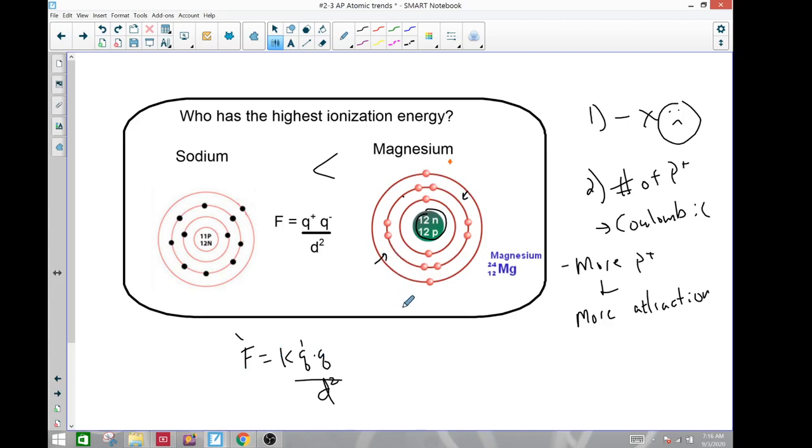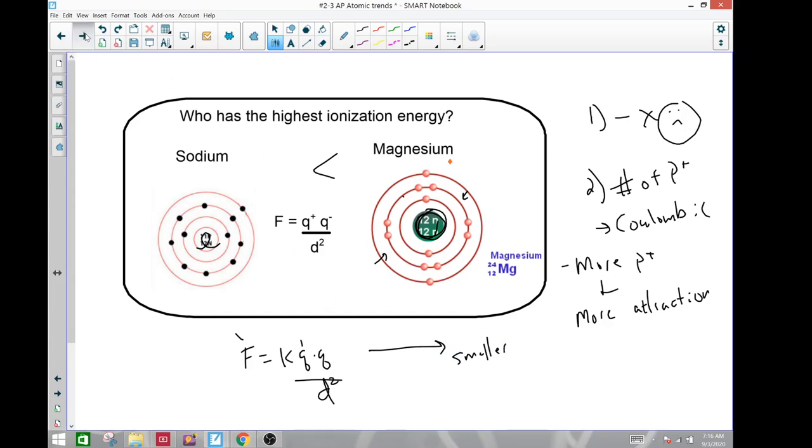Why is it ever so slightly smaller? Because we got a larger nuclear attraction pulling on it than this one does. So the distance is smaller, but just a very little bit. So the ionization energy is bigger, and that is opposite of size. Size here, this guy is smaller, ever so slightly, not a ton.